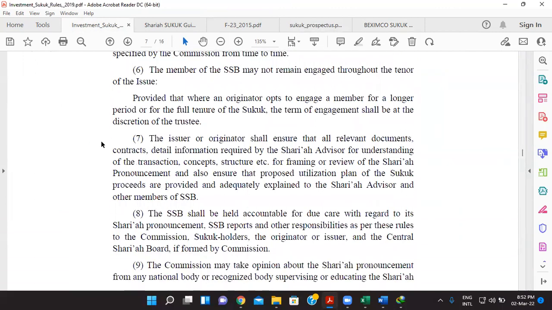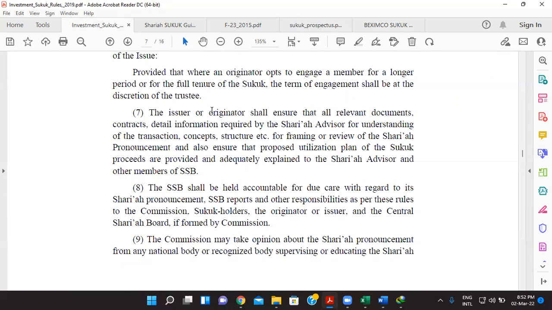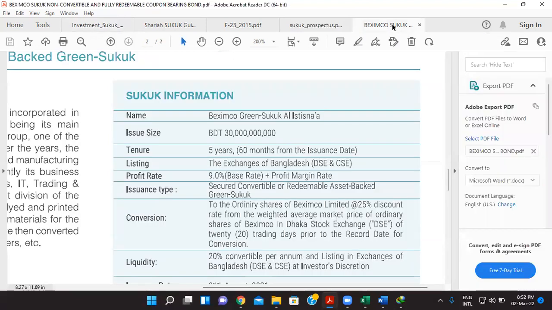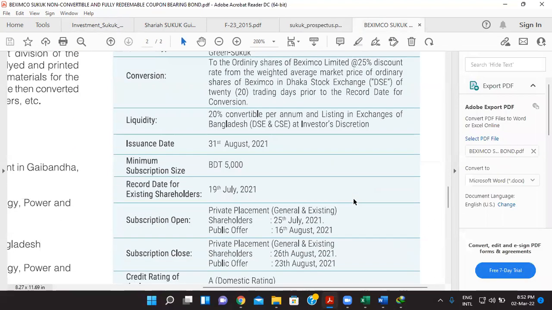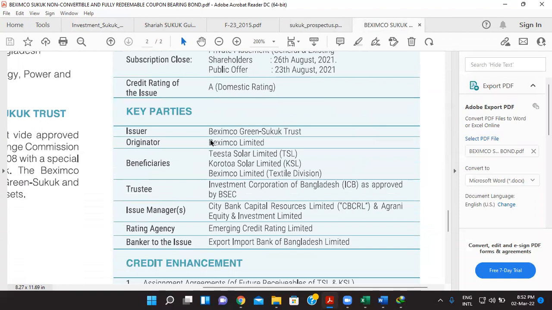Okay. So the issuer or originator, these are separate authorities. Think of the issuer or originator. Again, I would like to remind you who is the issuer of the BSEC Green Investment Sukuk, and who is the originator. You see, the originator is BSEC Limited, and the issuer is the BSEC Green Sukuk Trust.